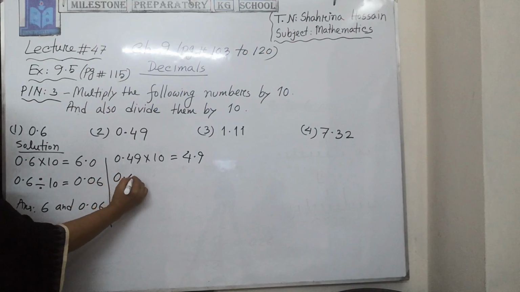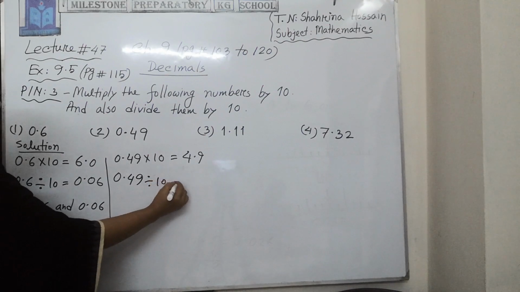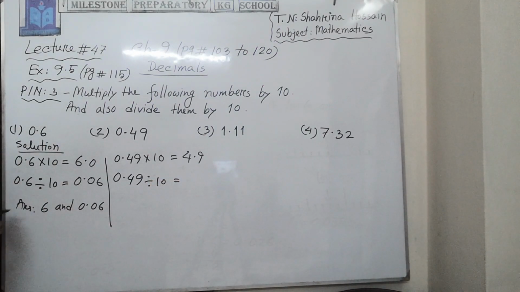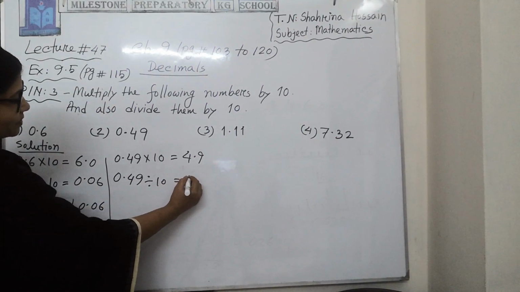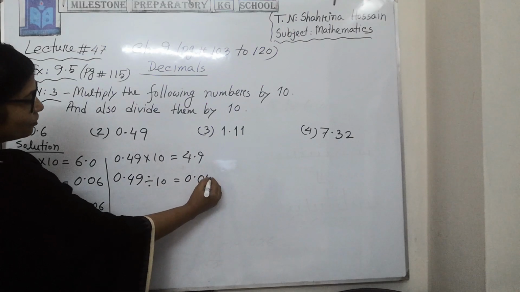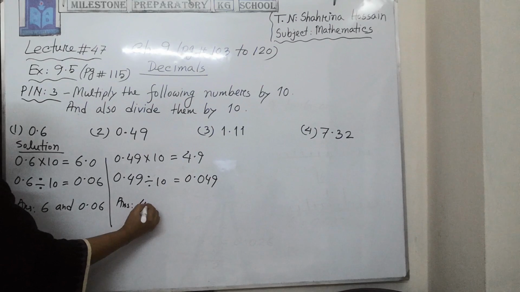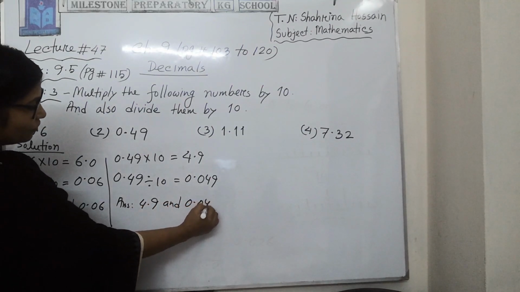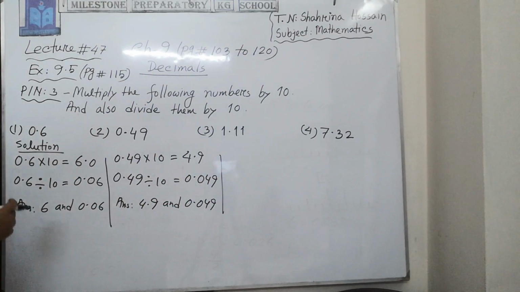Now when we divide 0.49 by 10, its position will go one step before. That means 0.049. So the answer is 4.9 and 0.049. By this way we will find the number 3's answer also.